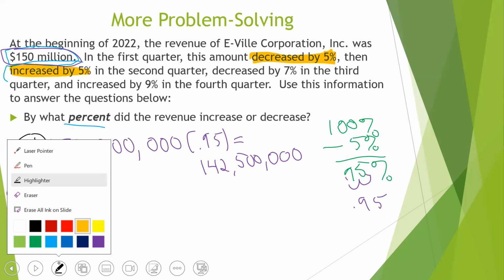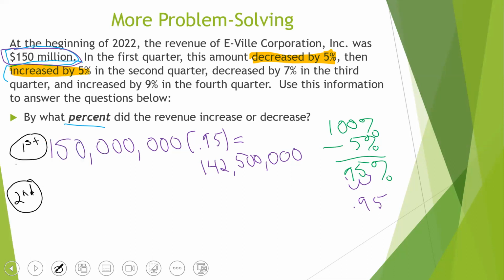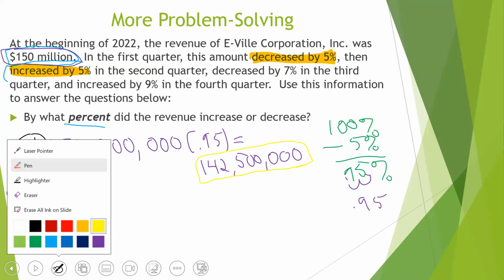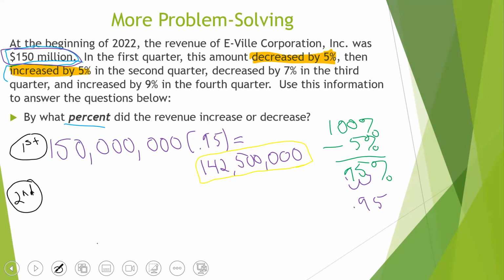However, when we talk about this increasing by 5%, we have to think of that in terms of our new quote starting amount, and it's going to increase that number by 5%. So our new starting amount at the beginning of the second quarter is 142,500,000. And that's the amount that's going to increase by 5%.